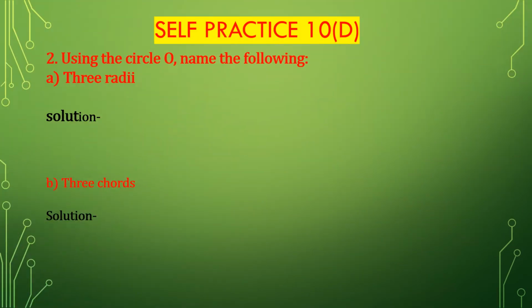Now we will solve question number 2. Using the circle O, name the following. First bit A, 3 radii. First draw the given figure. This figure is given. This is a circle.